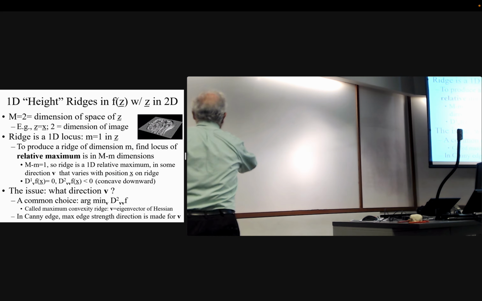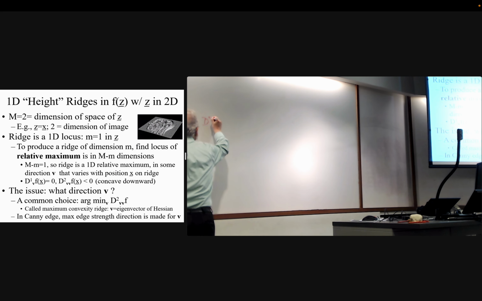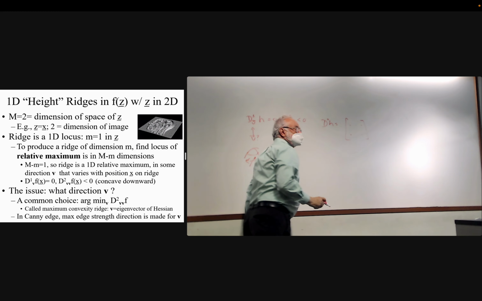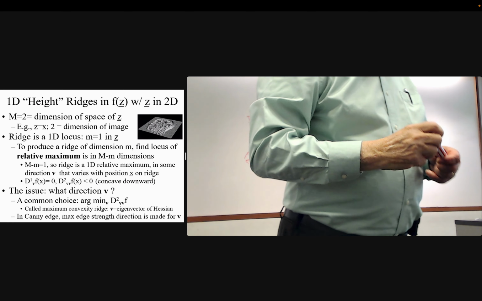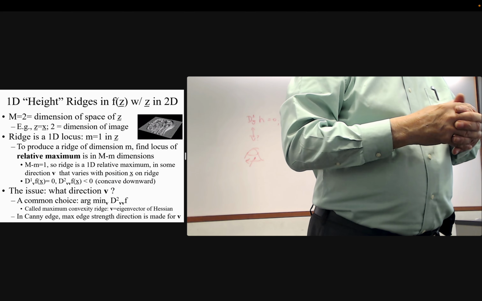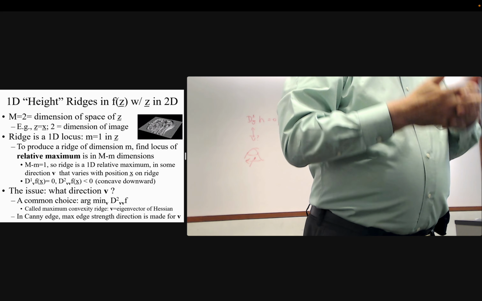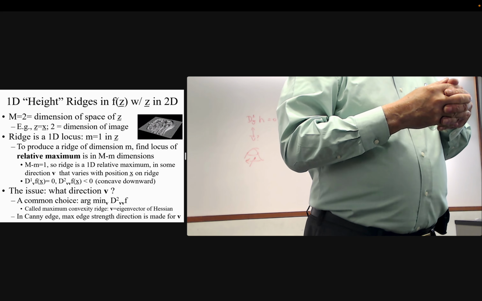So we look at the Hessian of H, right? It's a 2x2 symmetric matrix. It has two orthogonal eigenvectors, two associated eigenvalues.